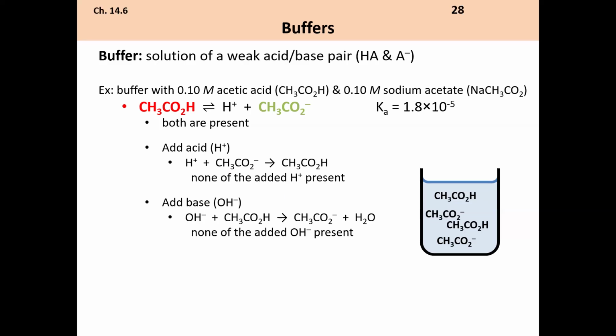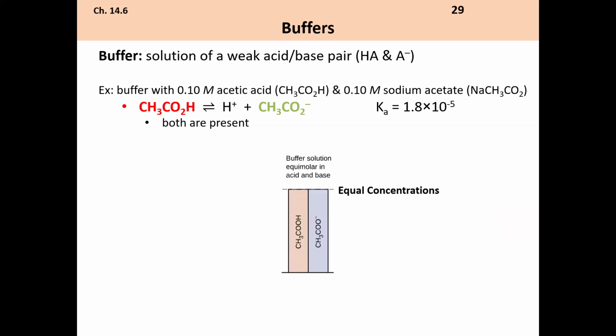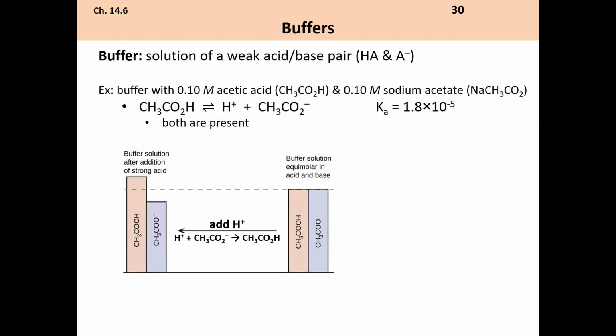Let's look at this another way. Let's say at the beginning, I have equal concentrations of the acid and the base. That's why the bars are the same. If I add in some H plus, the CH3CO2 minus gets converted into CH3CO2H. So that increases, this decreases.